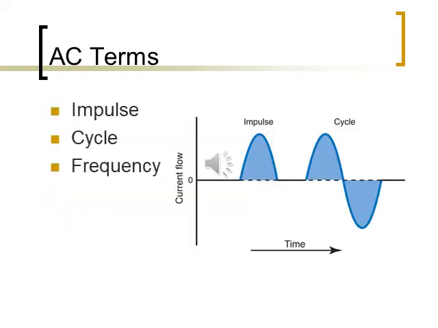Now as we progress into some of our different terminology, as it relates to alternating current, you can use the picture on the screen as a reference. An impulse is the flow of alternating current in a single direction. There's always going to be a positive and negative pole here.